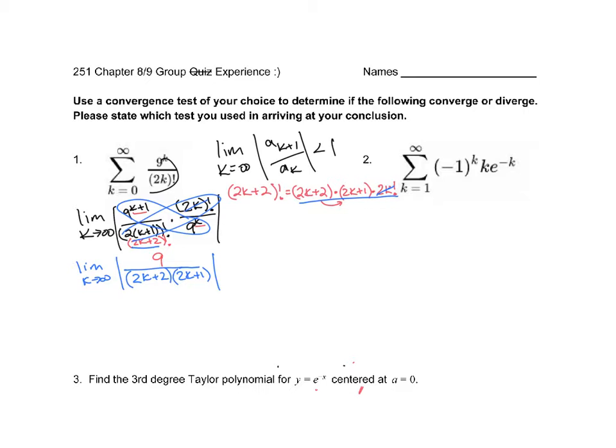And we want to know, is this less than or equal to 1? And it is. 1 over e, it's about 1 over 2.7-ish. And so this converges because of the ratio test. And it actually has absolute convergence.